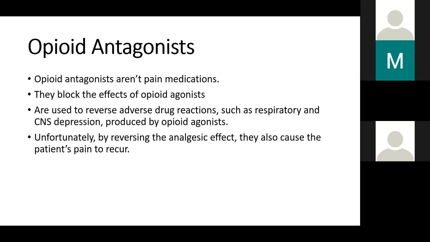Then we also have the opioid antagonists. These ones are not pain medications. They block the effect of the opioid agonist, and they are used to reverse the adverse drug reaction. If you will remember, in pediatrics, we talked about naloxone.